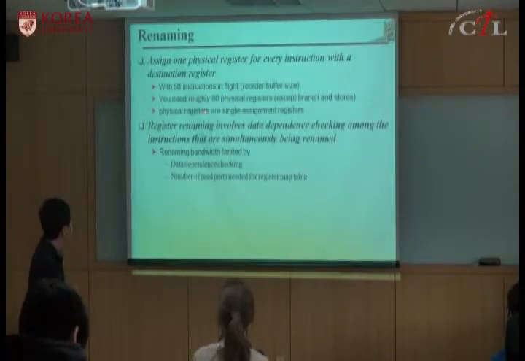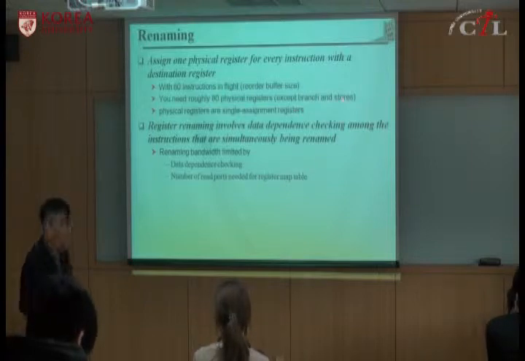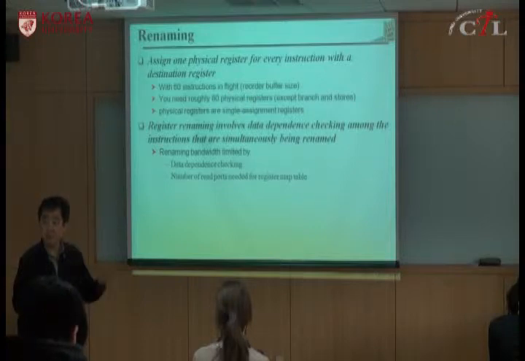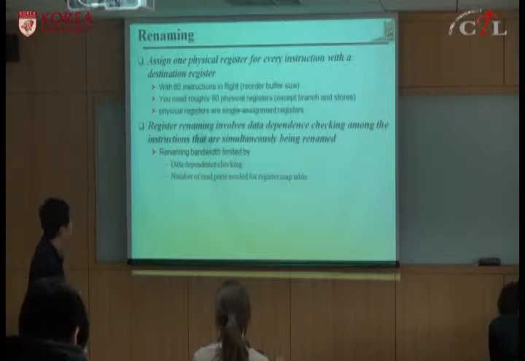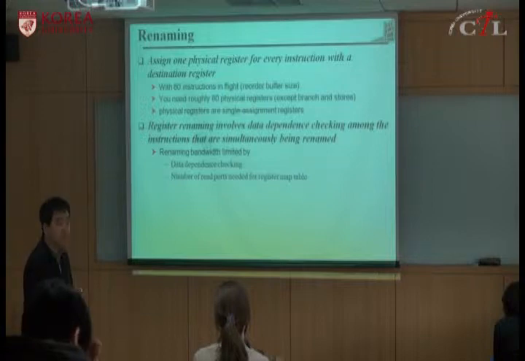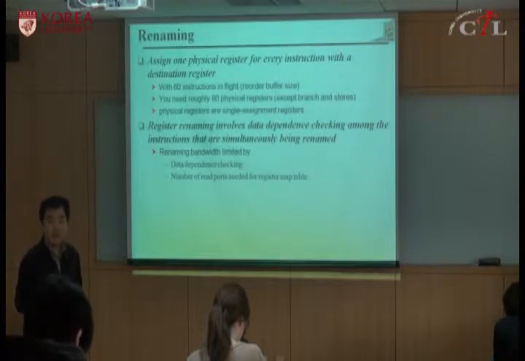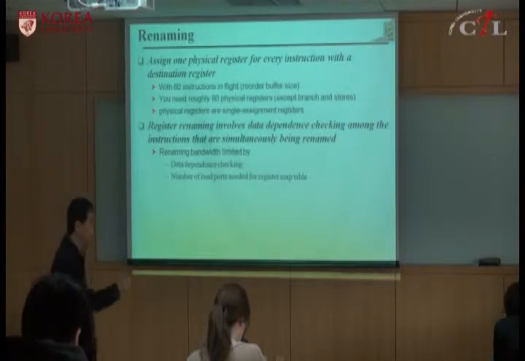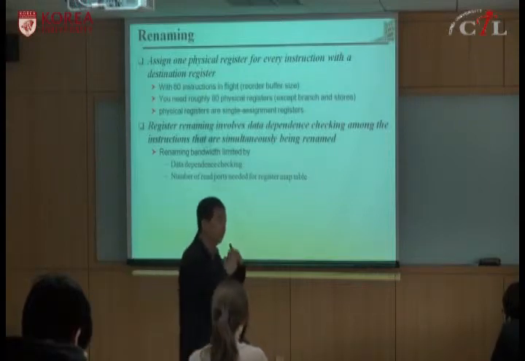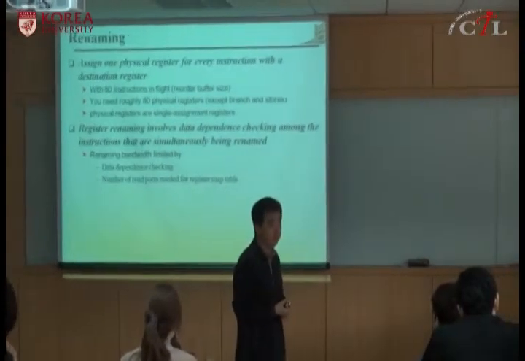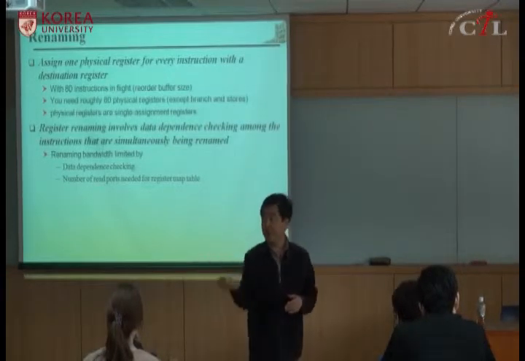But sometimes with a branch or store, there is no destination register, so they don't require a physical register, because they're not writing to a register. Except for branch and store, every instruction has a destination register. And physical registers are single assignment registers, which means every time an instruction is trying to write, the system gives you a new physical register from the physical register file. Okay?